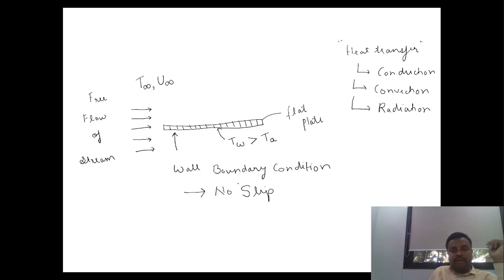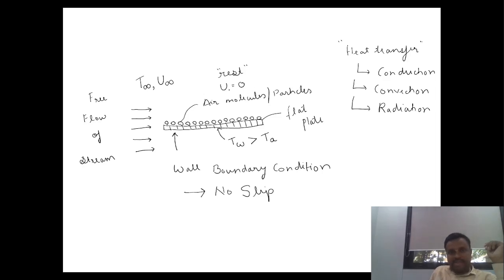When there is a no slip boundary condition, in real practice, the very first layer next to the surface of the wall, this air layer, these air molecules, or you can call them air particles, are at velocity 0. These air particles are at rest.